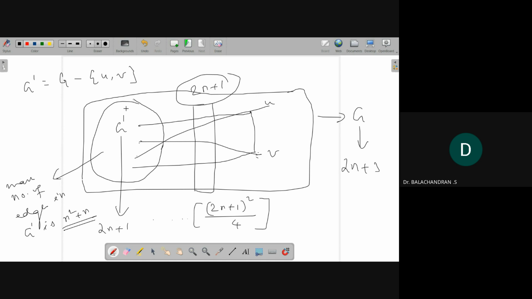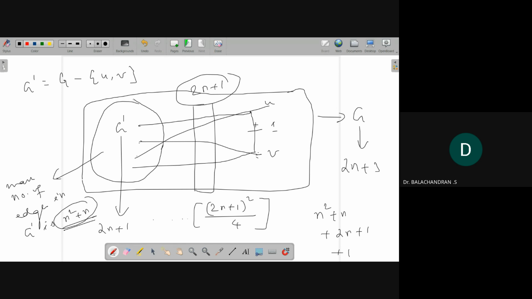Already I told that in G dash, the maximum number of edges is n square plus n. Now from G dash to U and V, we have 2n plus 1. Now between U and V, this one edge. So the total number of edges in G, the maximum number of edges in G, is n square plus n plus 2n plus 1 plus 1.